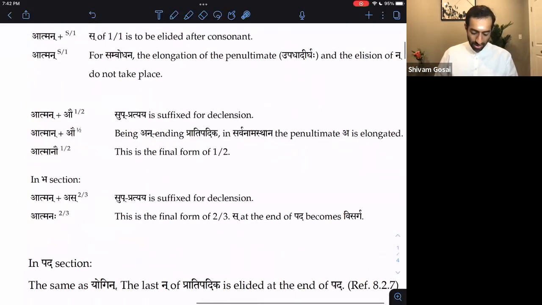When you have 1, 2, then, right, this is also in the Sarva Namastana section, right? So what happens is you get that second to last letter. Second to last letter is called upadha. Upadha. You see that word here. Upadha dirgha. Upadha, not upadhi. Upadha. That means second to last. That second to last akara is dirgha, so atman.